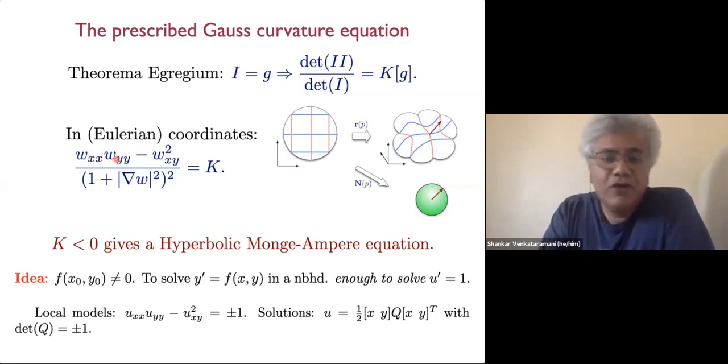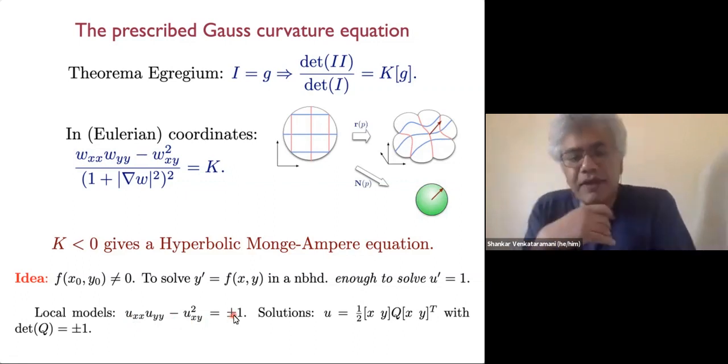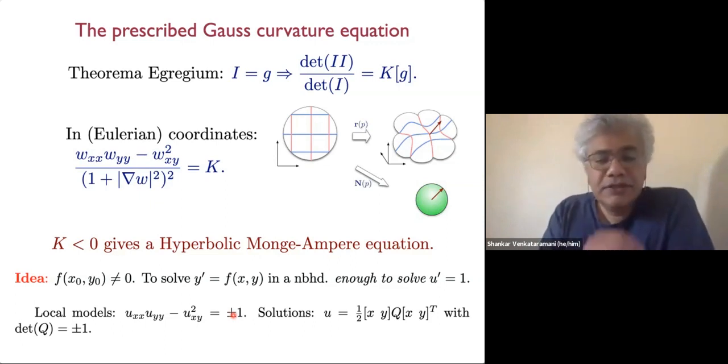So that is what we don't want to lose. So a local model for this, depending on the sign of k, is that the determinant of the matrix of second derivatives is plus or minus 1. And can we construct solutions? Yes.